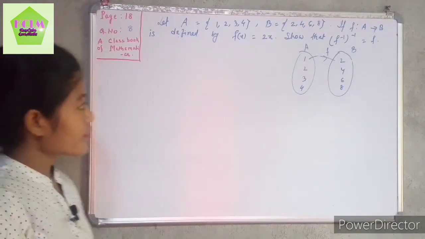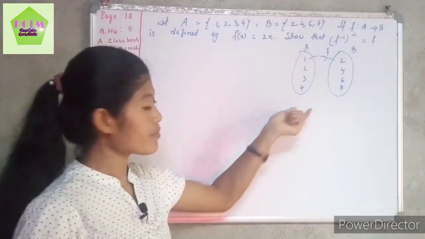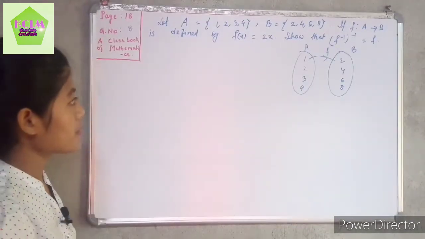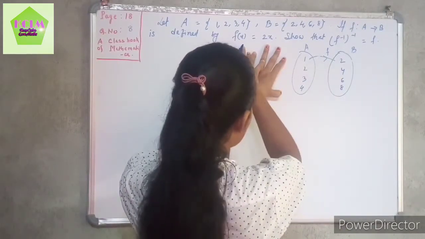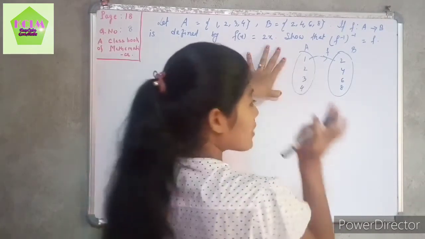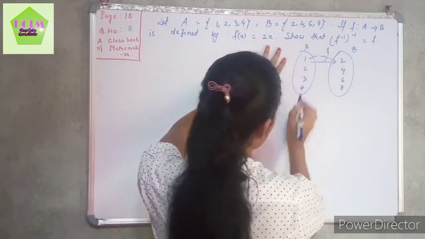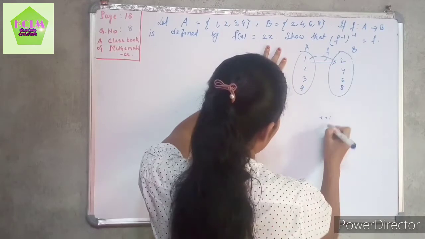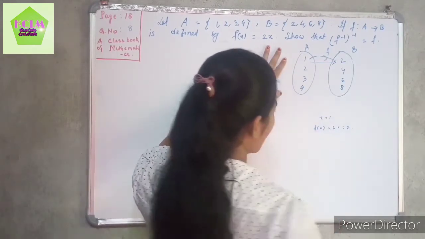If we take the help of this figure, it will be better to understand. Since f is defined as f of x equals 2x, the element 1 is related to 2, because when x equals 1, f of x will be 2 into 1, which equals 2.